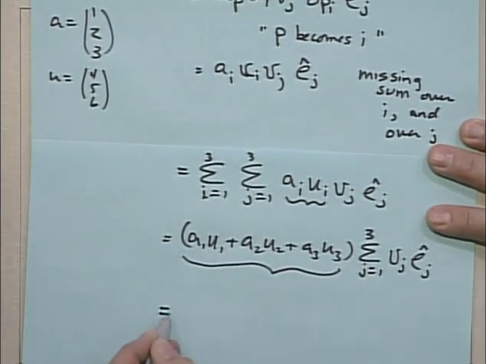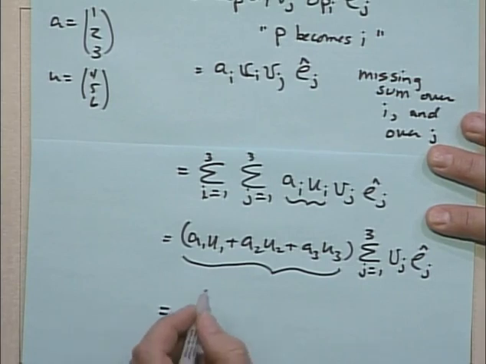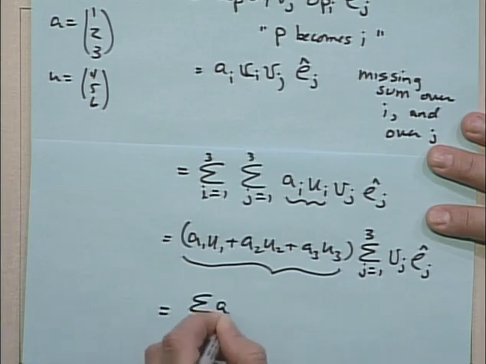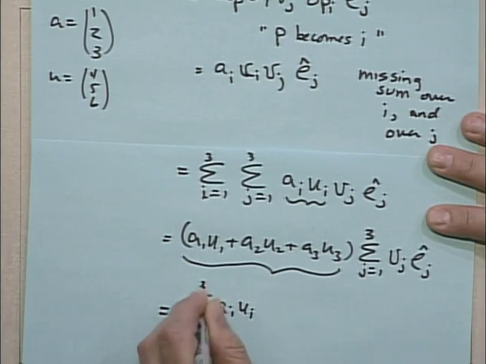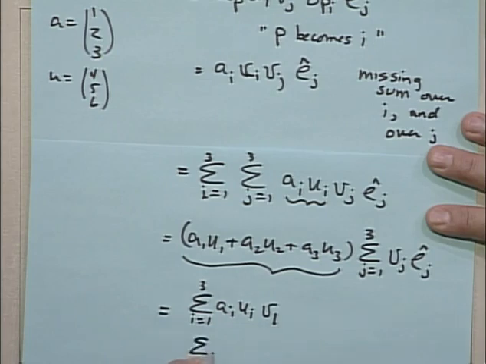And so if I wrote this in column vector form, I don't want to write that three times, I'm too lazy, so I'll go back to summation of ai ui, i equals 1 to 3, times v1. That's the 1 component. Summation i equals 1 to 3 of ai ui, v2.